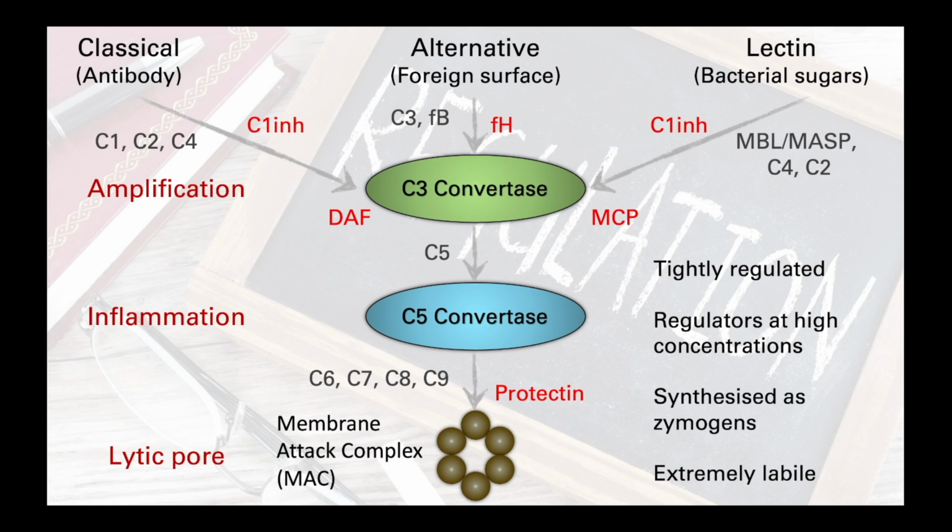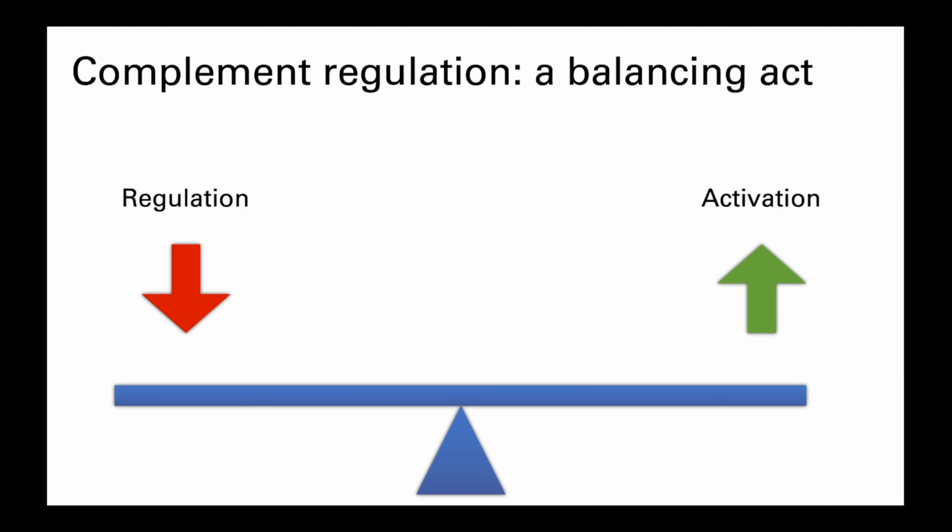On top of this, components of the complement cascade are mainly produced as zymogens, or inactive precursors that need to be activated. And once they are activated, they're extremely labile, with a very short half-life. It is, however, a balancing act. The system needs to be tightly regulated enough not to damage host cells, but not so tightly regulated that it cannot respond to an invading pathogen.